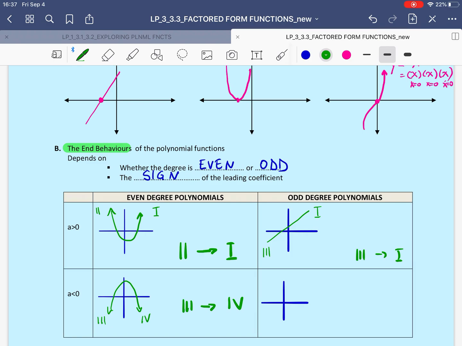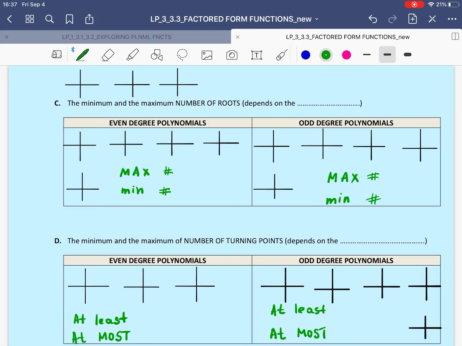And if a is negative, the function will behave like the line that goes down with a negative slope, and it will extend from quadrant 2 to quadrant 4. Okay? Do not try to memorize them. Try to visualize and think of the connections between them logically.